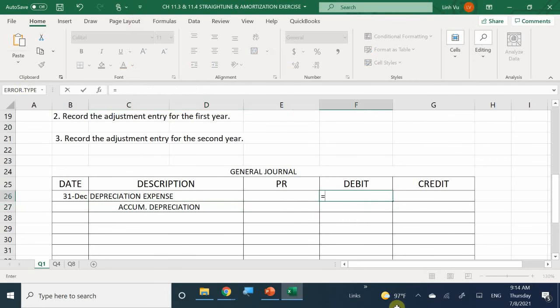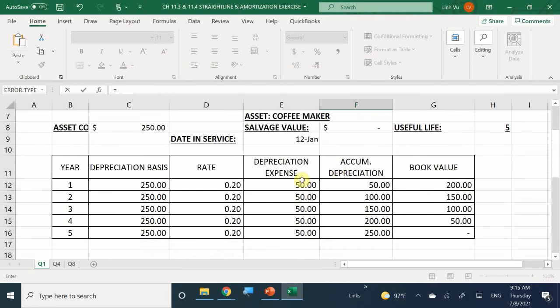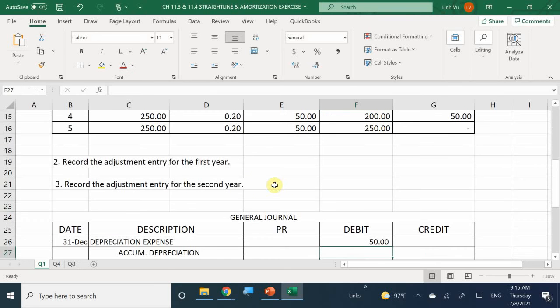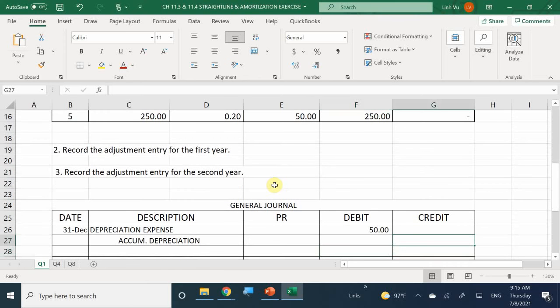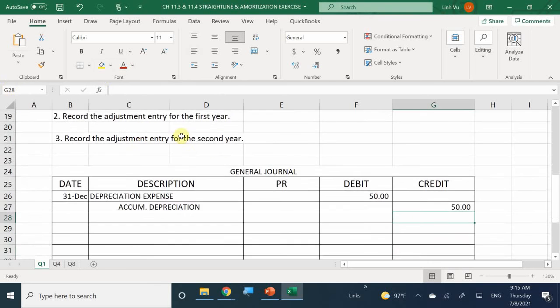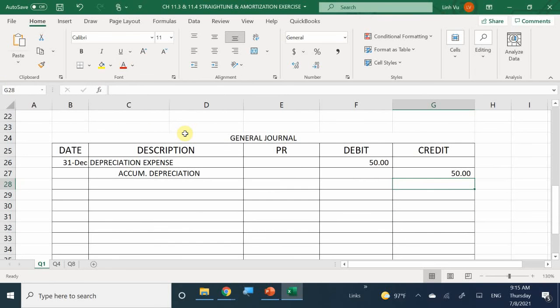How much was it for my first year? $50. Okay. So the depreciation journal for the first year is going to be $50, right? Depreciation expense and accumulated depreciation. What should my journal for the second year look like?